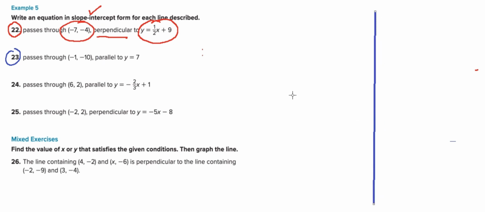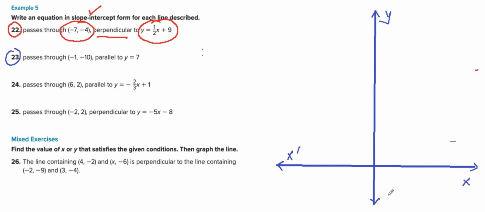Let us suppose this is your y-axis and this is your x-axis. Firstly, we'll see where the point is. Suppose this is minus 1 here, and 10 is somewhere up. 1, 2, 3, 4, 5, 6, 7, 8, 9, 10.